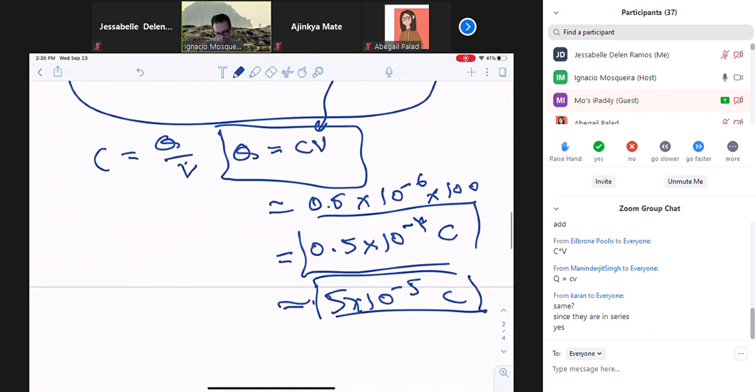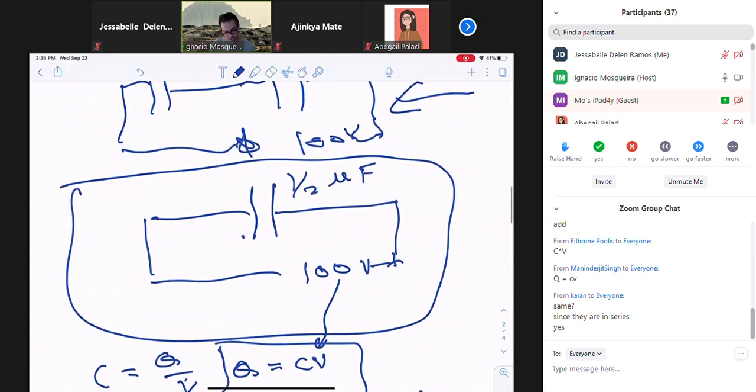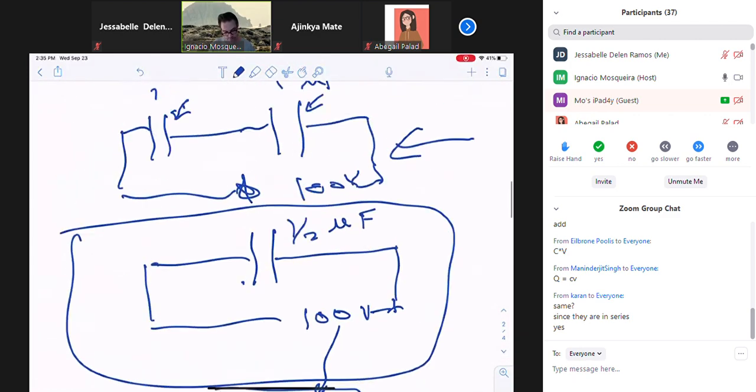Correct. But it's going to get a little tricky, because in series you have to keep remembering that they're in series. In series means the charges on each of these two would be the same.